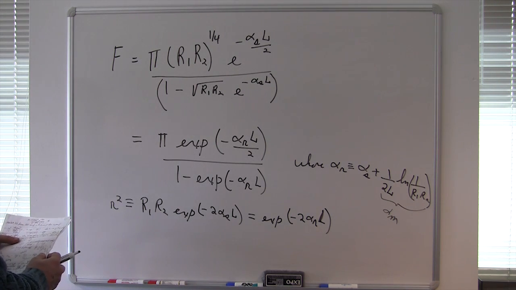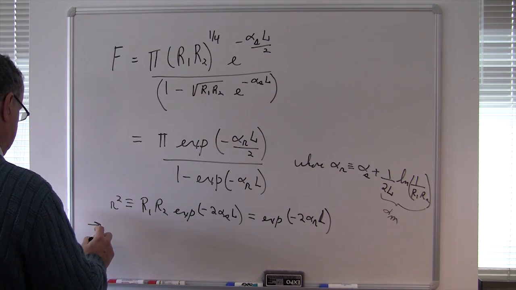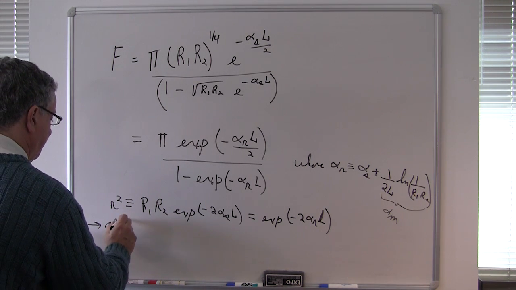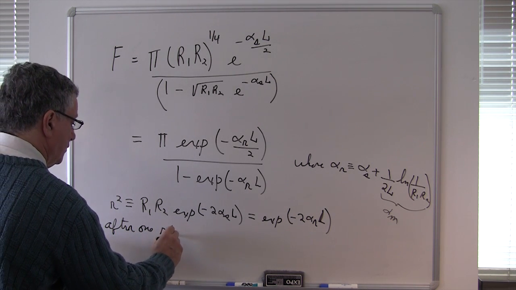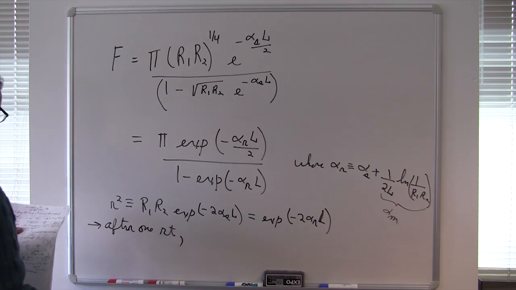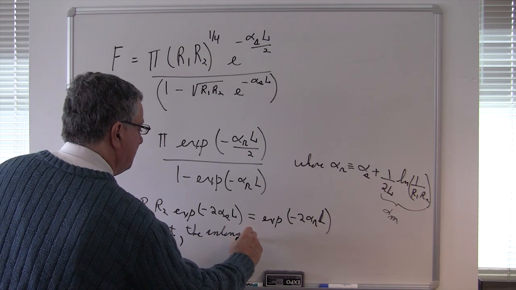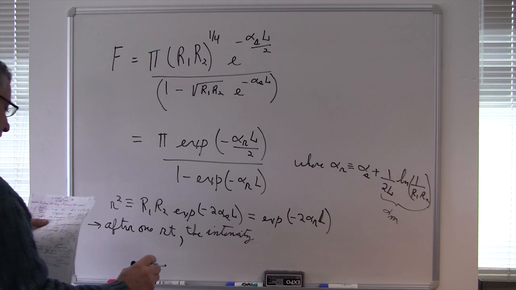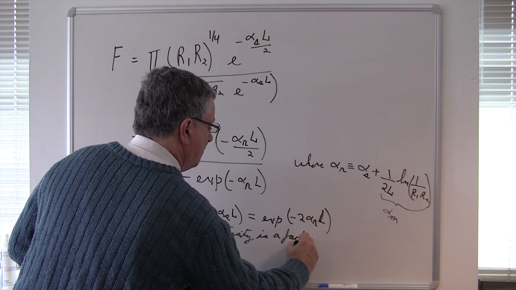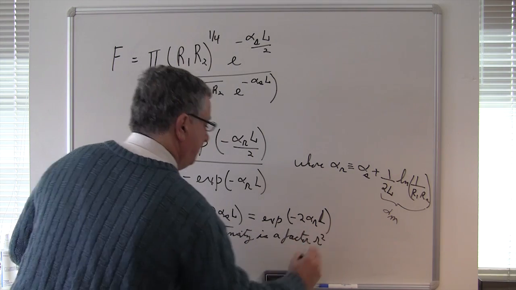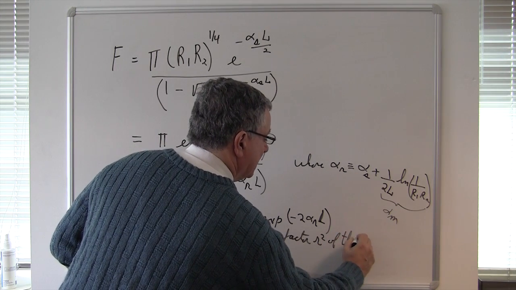This quantity r squared, we have mentioned, is such that after one round trip, the intensity is a factor r squared of the incident intensity.